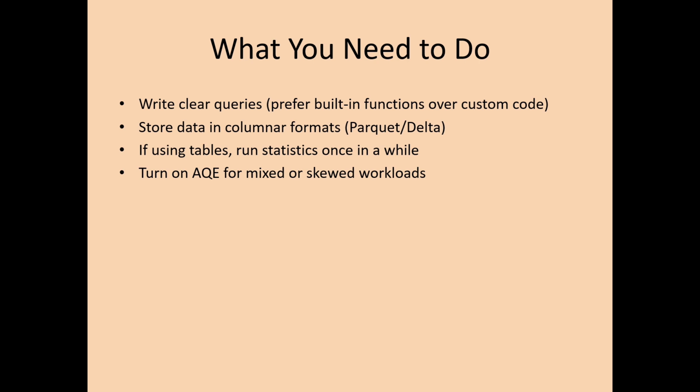Store data in the columnar format. So yeah, it is your job to store data. If you have watched my previous video about the file structure in Spark, you must know why I'm saying this: store data in the columnar format. It is easier for Catalyst optimization. I mean, if you are saving the data in CSV format, it will not be able to filter out any data or any column out of your data set.